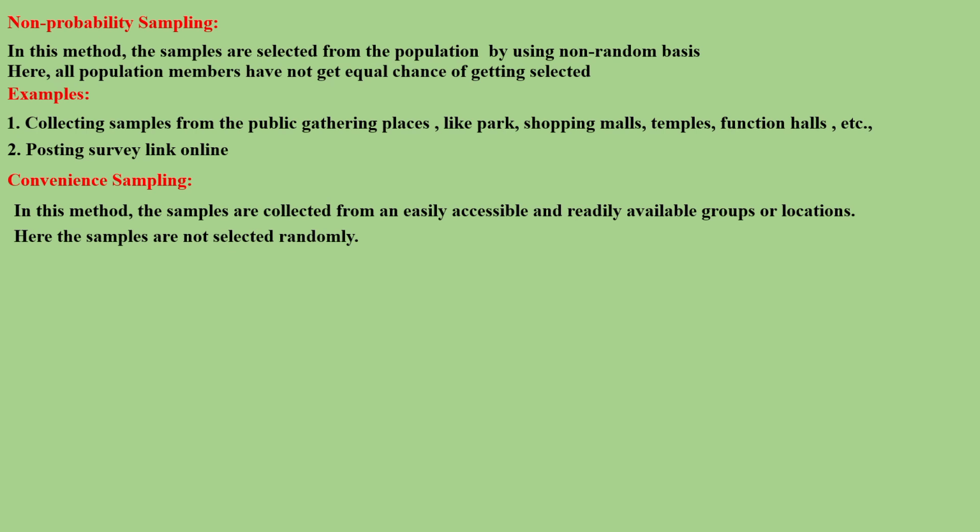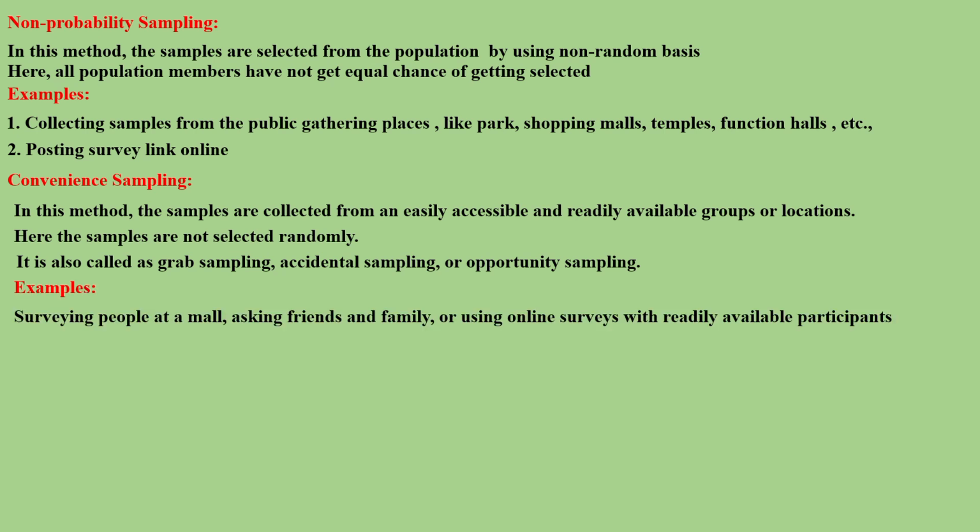Here the samples are not selected randomly. It is also called grab sampling, accidental sampling, or opportunity sampling. Example: surveying people at a mall, asking friends and family, or using online surveys with readily available participants.